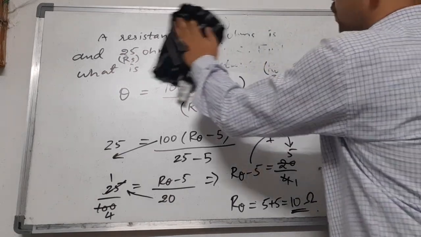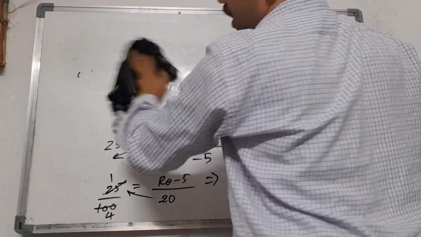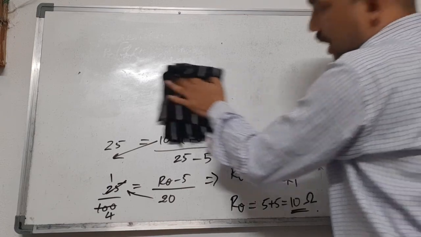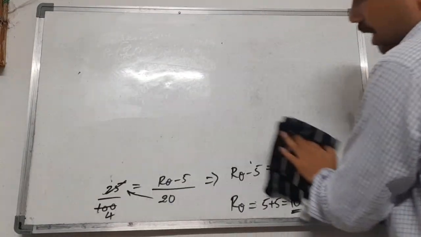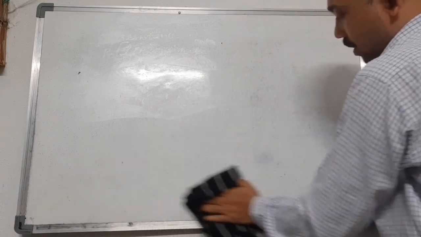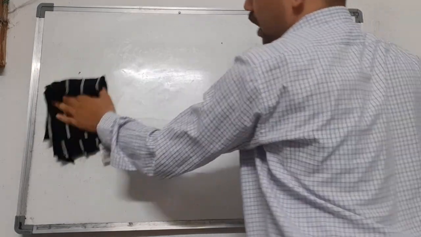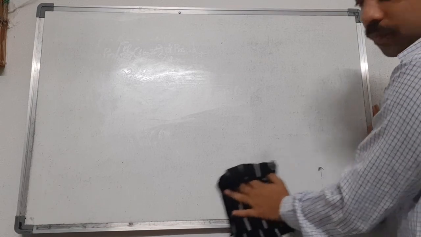Suppose there are 3 kinds of pressures. One is at initial, at 0 degrees Celsius, and another one is at steam, and another one corresponds to a certain temperature. Then what is the formula to calculate that one? What is the formula to calculate that one? Okay.